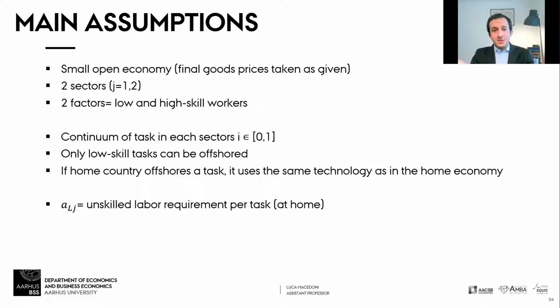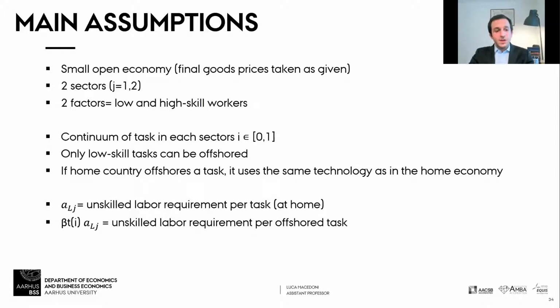So imagine this. There is a continuum of tasks that low-skilled workers produce. The unit labor requirement, the number of low-skilled workers you need, is the same at home and abroad. So if the wage of low-skilled workers abroad is lower, why aren't you producing all the tasks abroad? Well, because there is an offshoring cost.